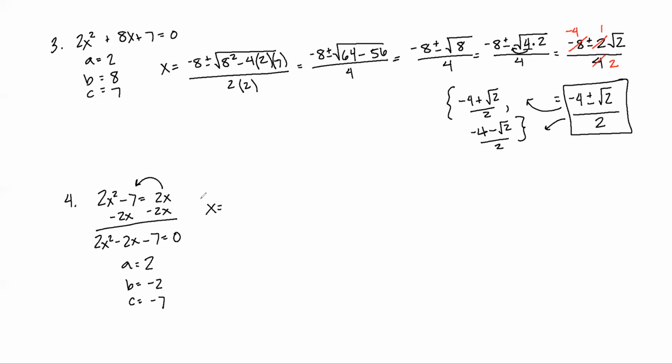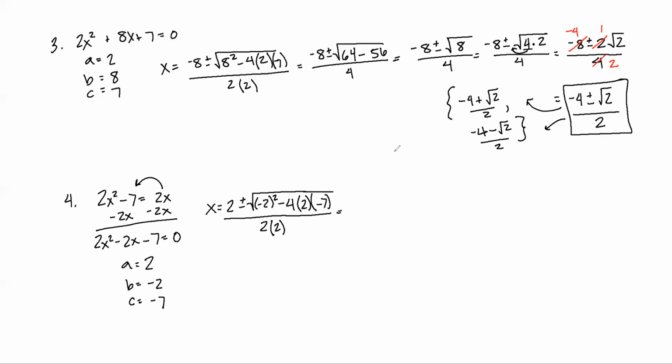So we have x equals the opposite of b, so +2, plus or minus the square root of b squared, so -2 squared, minus 4 times a, which is 2, times c, which is -7, all over 2 times a, which is 2.